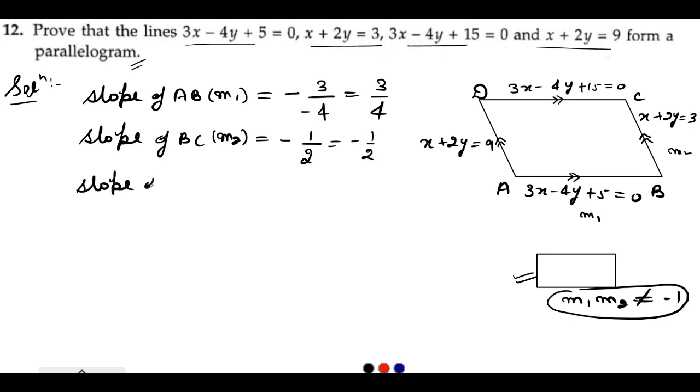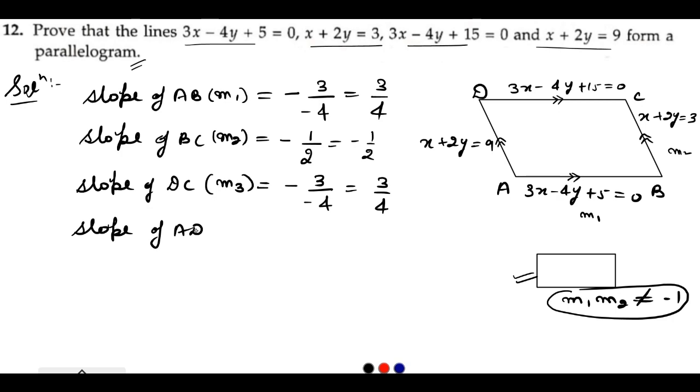Similarly, slope of DC, minus coefficient of x divided by coefficient of y, that is 3 by 4. And slope of AD, minus coefficient of x divided by coefficient of y, minus half.